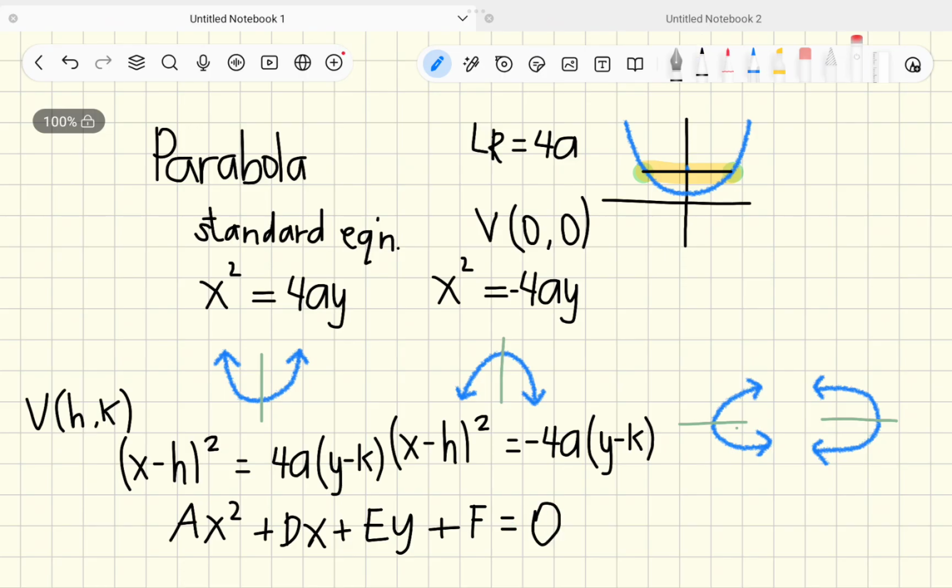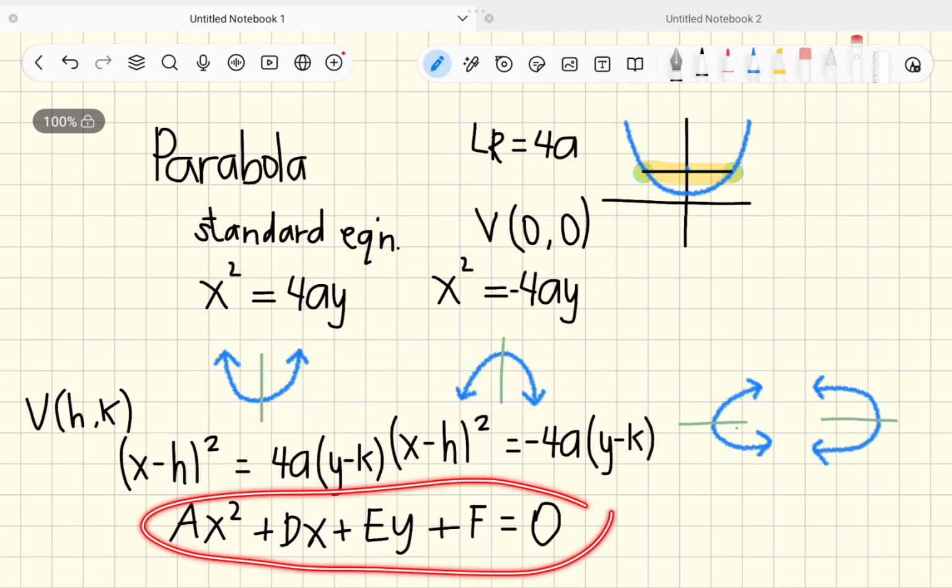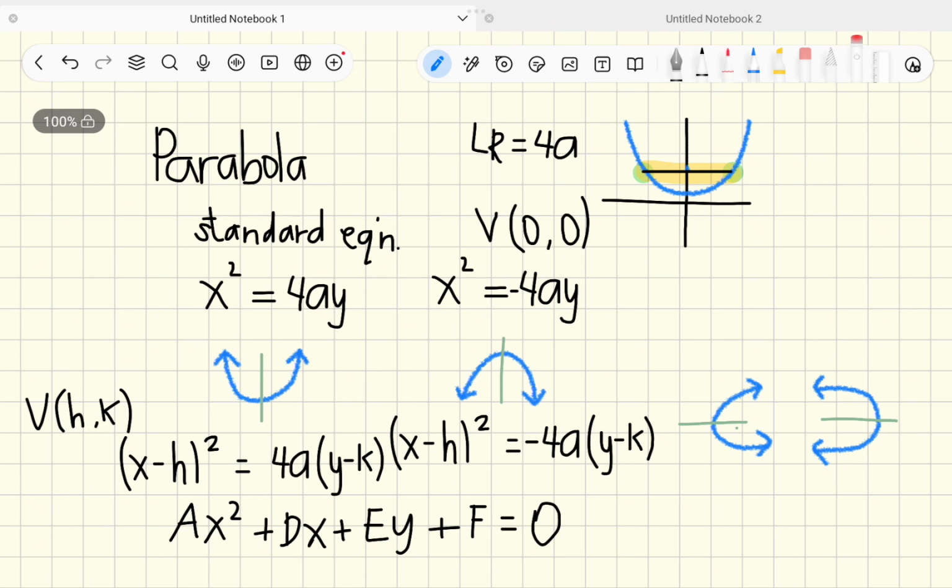Happy, positive; sad, downward, negative. If the vertex is at the origin, you can only see one variable on each side, because a later will have the value. If the vertex is at (h, k), that's the time you see x minus h, and also y minus k, recalling the derivation.